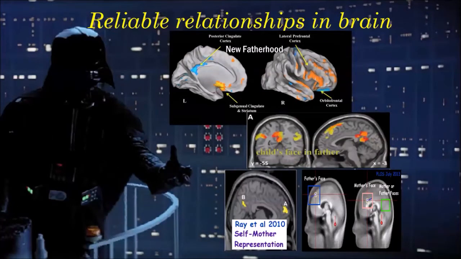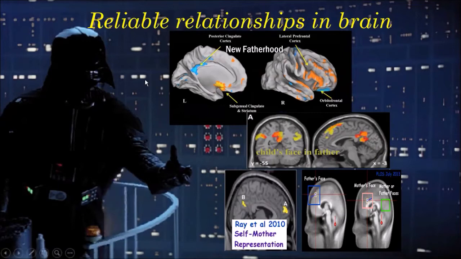Well, let's look at how mom and dad are represented in the head. Here's mom down here. Mom is also up in the dad spot as well, with some representation up in the front. But you do see the face represented in the back, in the posterior cingulate precuneus area, and dad's face is up in the front. When mom gives birth, her PCC gets bigger, with increased gray matter.